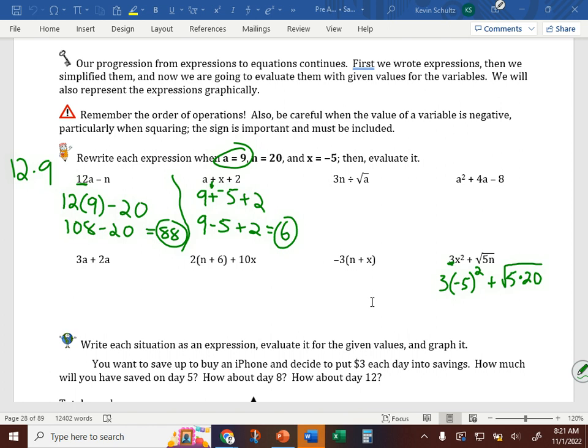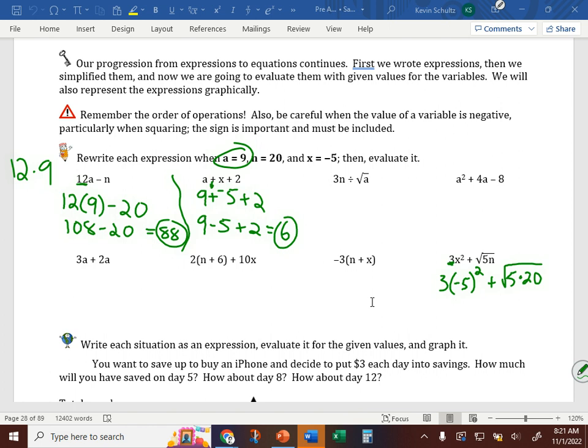In PEMDAS, we think of roots coming first, but we do have to multiply within the root before we can take the root. We don't really know what number we're taking the root of yet because we don't know what 5n is yet. Okay, but 3 times -5 squared plus the root of 5 times 20.